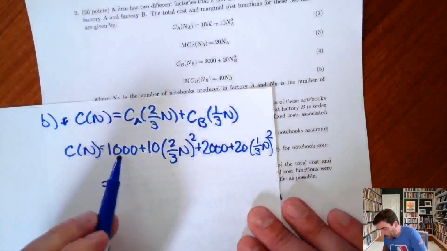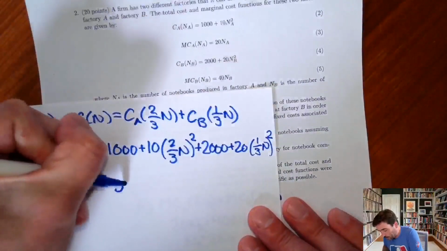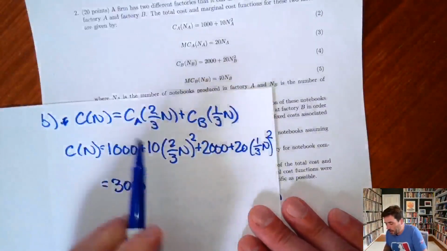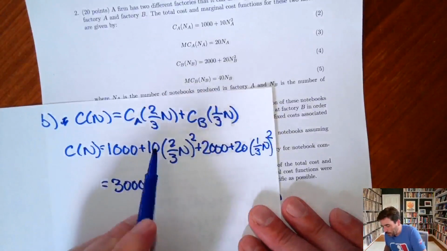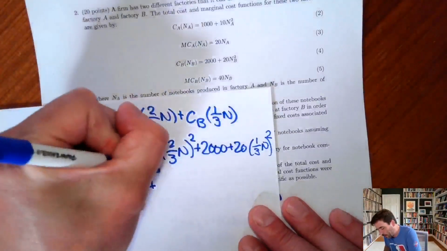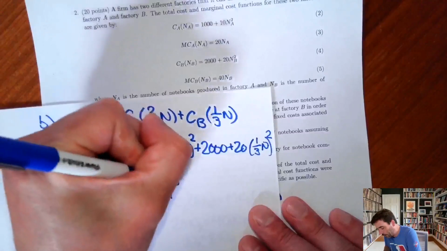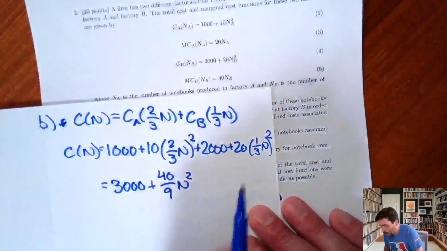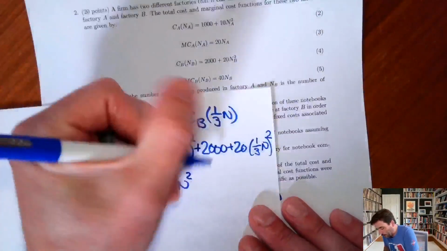I've got 1,000 plus 2,000, which gives me 3,000. I've got 4/9 times 10, so that's going to be 40/9 N squared. And then I've got a 20/9 from this term.